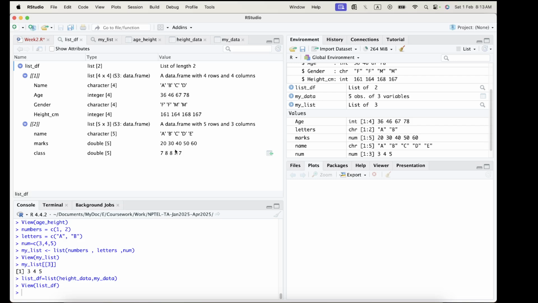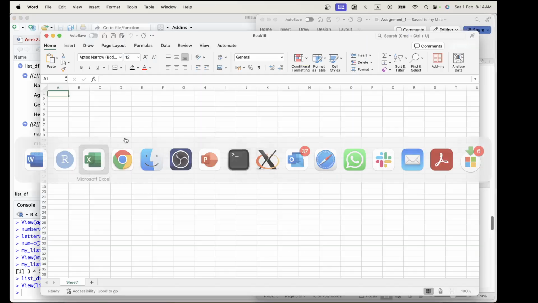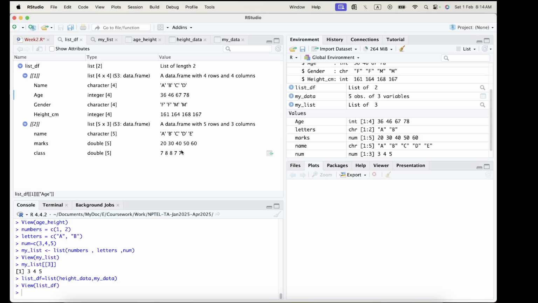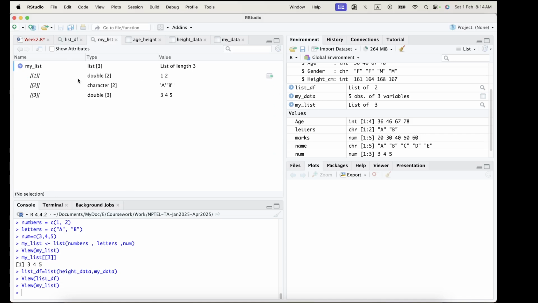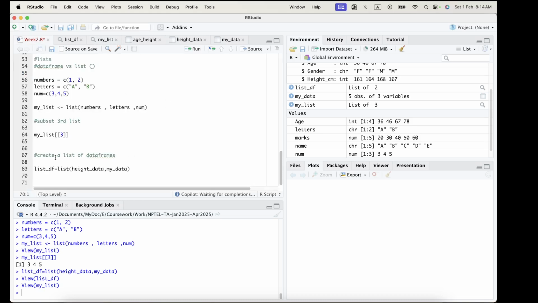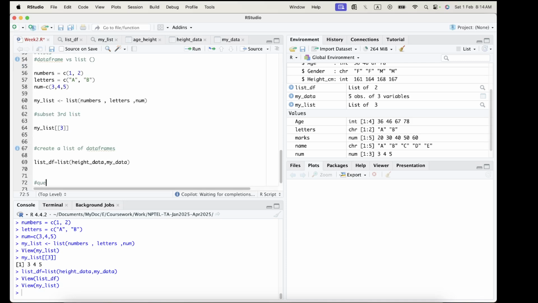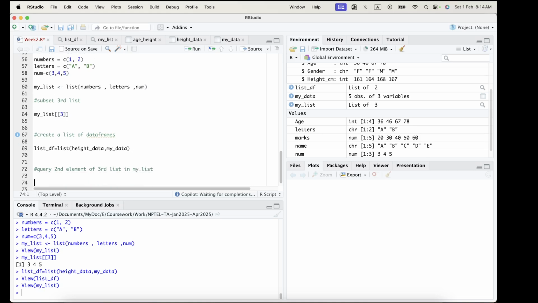Now if I want to go further and select things, let's say in my list I want the second element of the third list. So I want to query 4. If I want to query the second element of the third list, how am I going to do that?